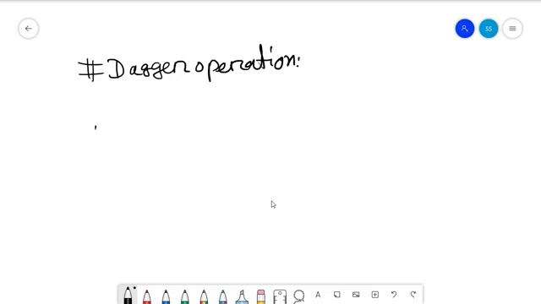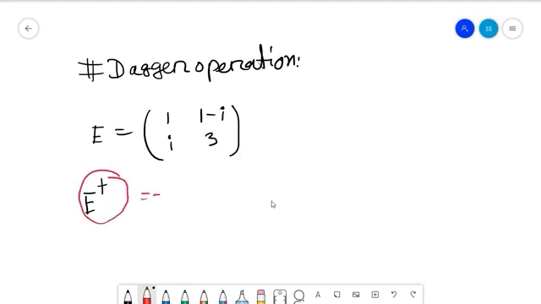Let's say you have a matrix called E as 1, 1 minus i, 3, and you want to find out what would happen after you do a dagger operation on this E matrix. So what does this dagger operation mean? That is the thing we want to see first.